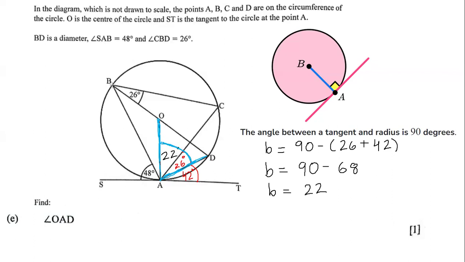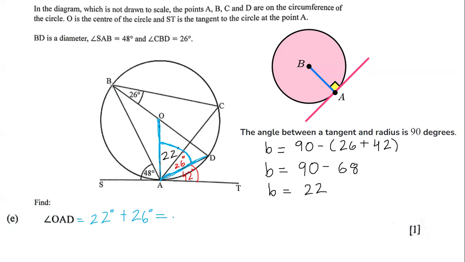So angle OAD will be equal to 22 degrees plus 26 degrees. What is 22 plus 26? That gives us 48.